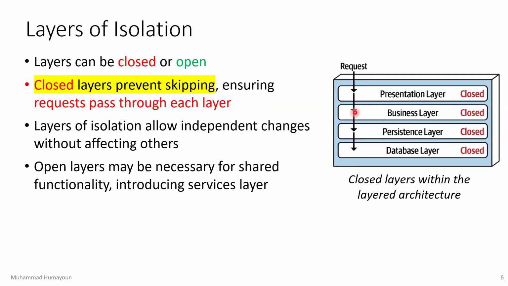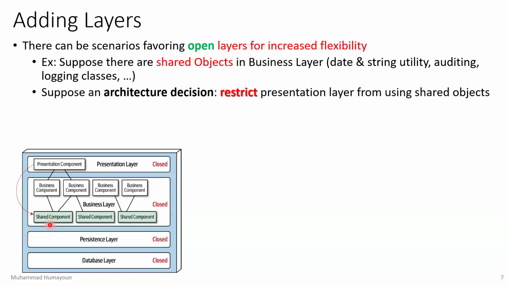Then it should only pass to the persistence layer, and then only to the database layer. So requests pass through each layer if these are closed. You can also have open layers, which may be necessary for some shared functionality, and we will see that in a minute.